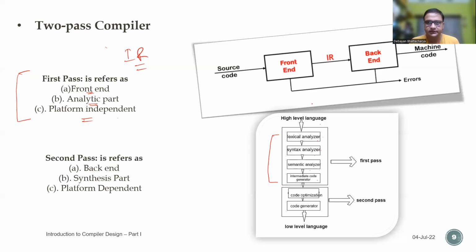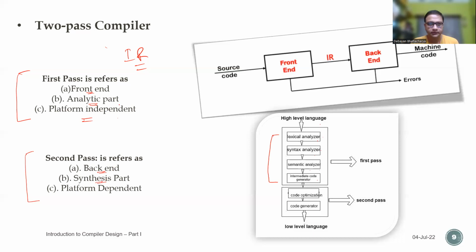And after generating the intermediate code, which is platform independent, what will happen? That intermediate representation, the platform independent low-level code, is taken as input by the second phase. The second phase is sometimes called the backend of the compiler, and it is the synthesis phase.